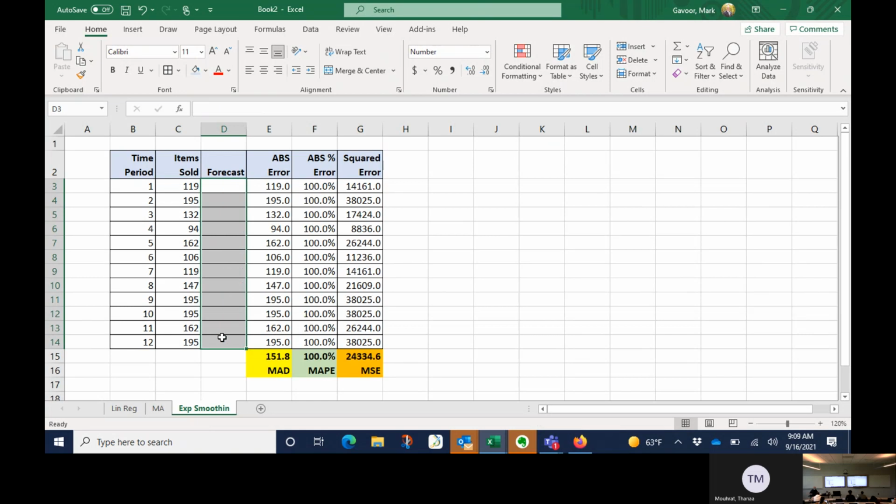What's exponential smoothing? Oh man, I don't remember. Or maybe I do. If you teach this class like 13 times, you'll actually remember the formula. How do they do this?